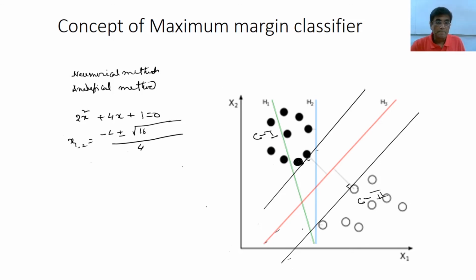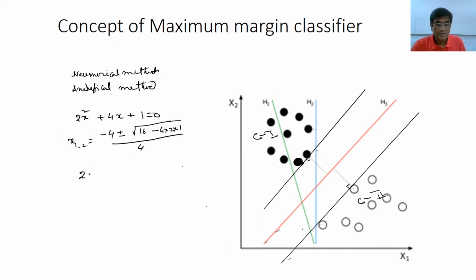So the two roots of this quadratic equation will be minus b plus minus the square root of b square minus 4ac, where a is 2 and c is 1, divided by 2a, which is 4. So these will be the two roots. Okay. This is the analytical method of solving this equation.